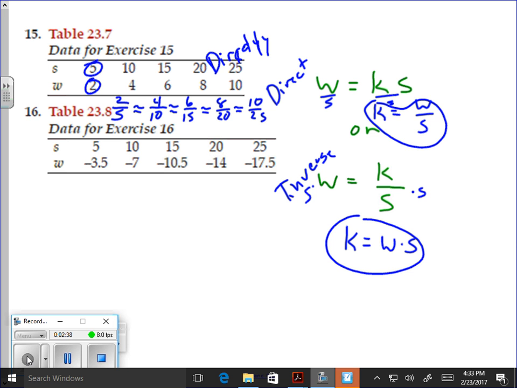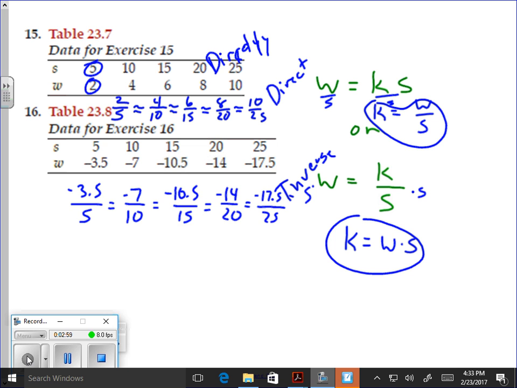For number 16, if you try to see if it's directly proportional, again, is negative 3.5 over 5 equal to negative 7 over 10 and negative 10.5 over 15 and negative 14 over 20 and negative 17.5 over 25. It should always be consistent that way if it matches up with directly proportional.